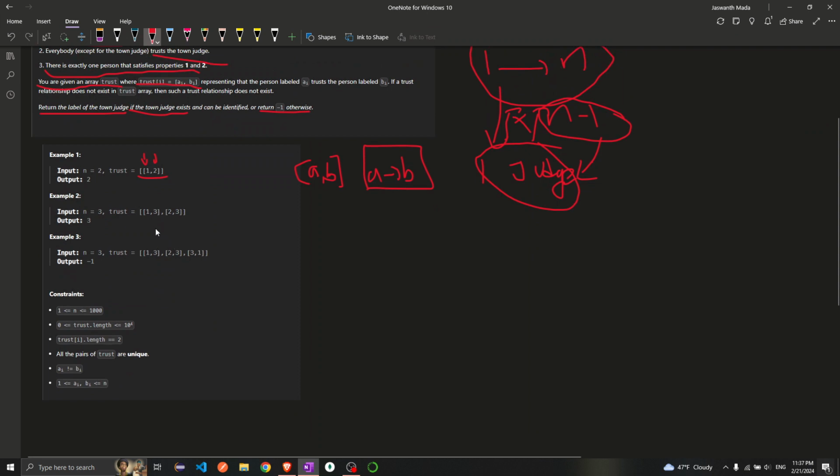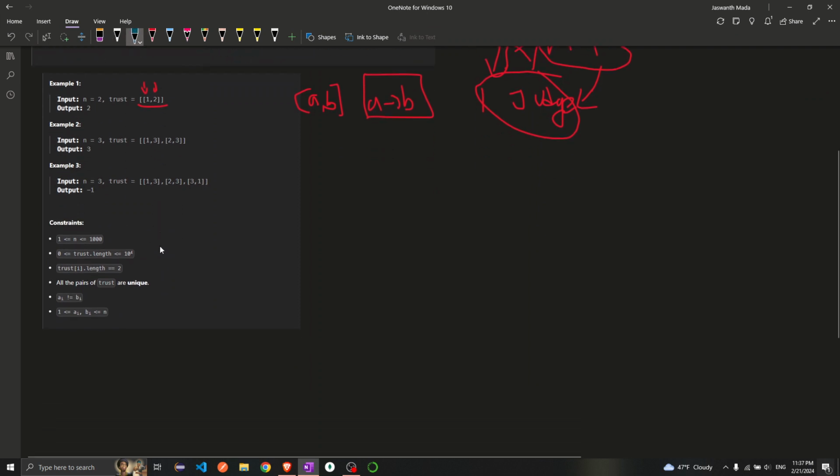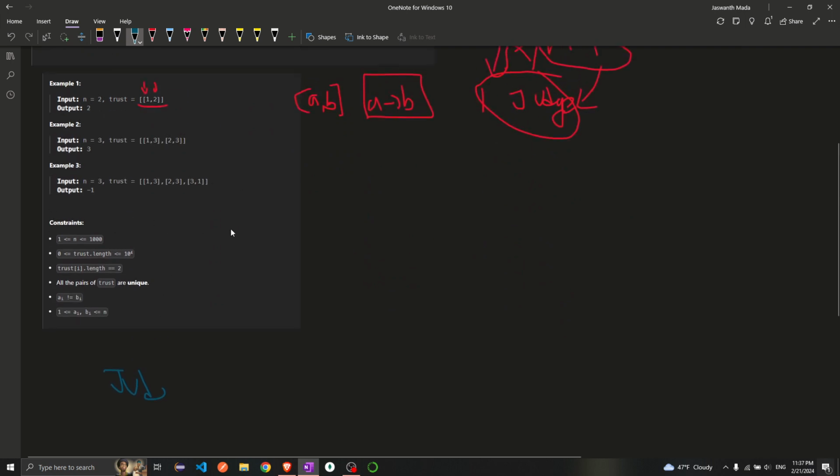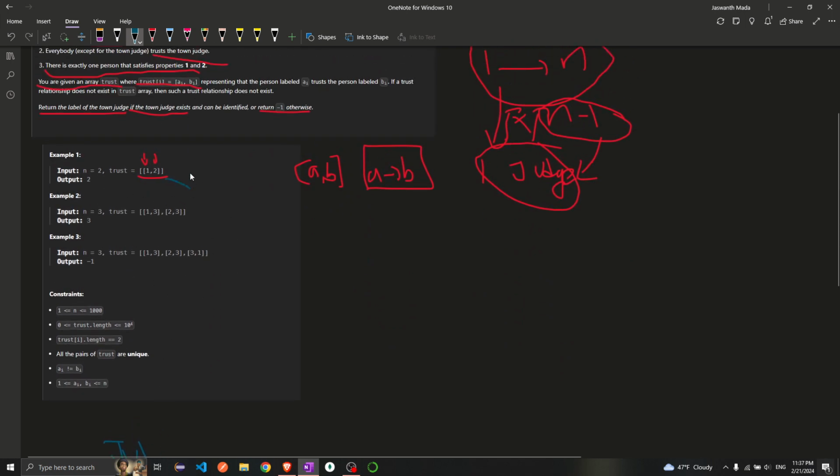The first idea that came into my mind after reading this question is that I'll take a judge variable. But before that, let's look at these examples in order to get a better idea. We are given n as 2, so there are two people in the town, and there is a trust array.